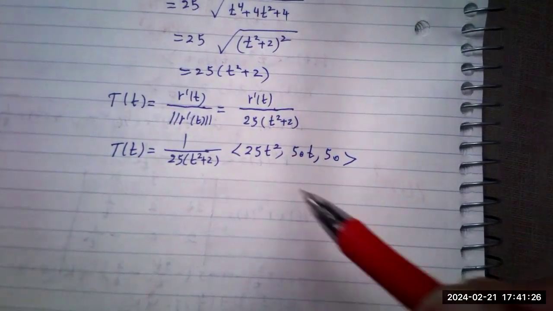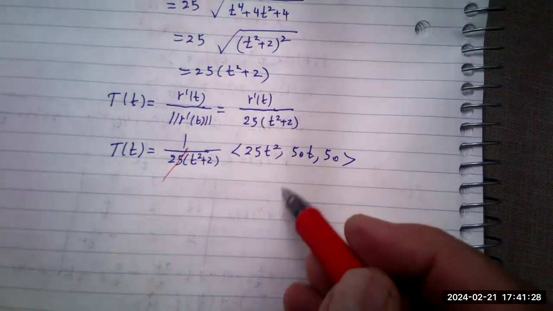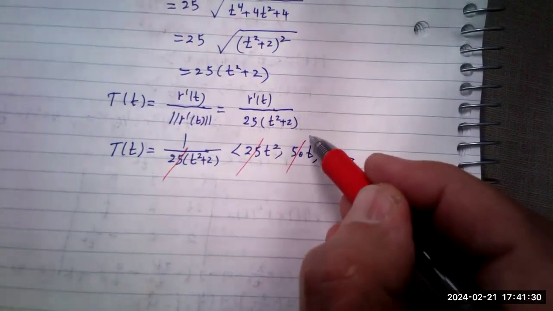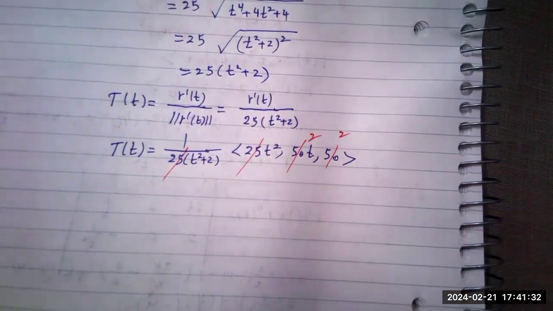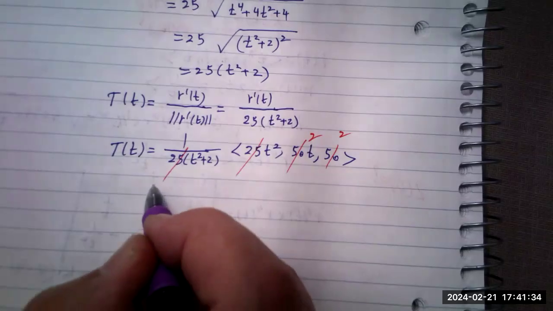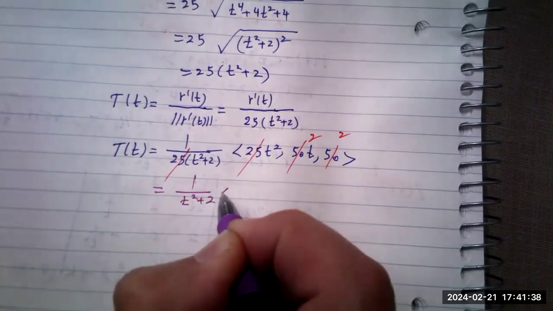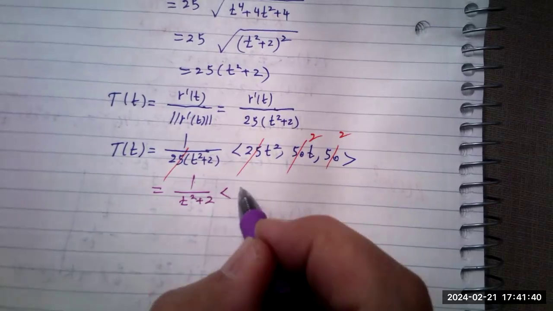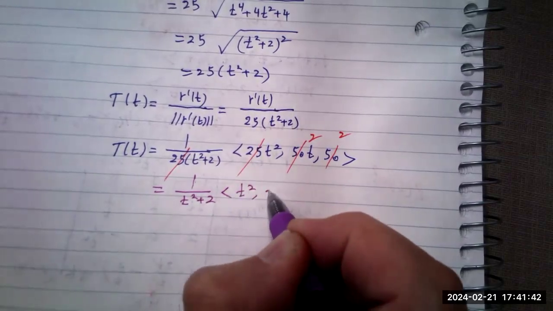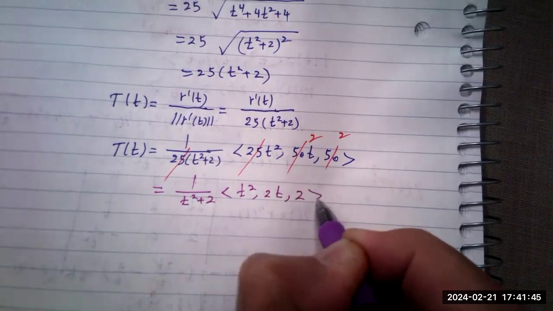You can simplify all of them by 25. Okay. So that gives you 2 and 2. So the result is 1 over t squared plus 2, and inside you get t squared, 2t and 2.